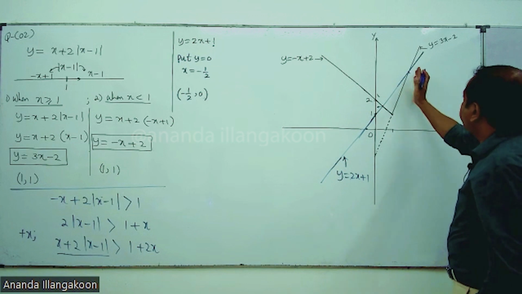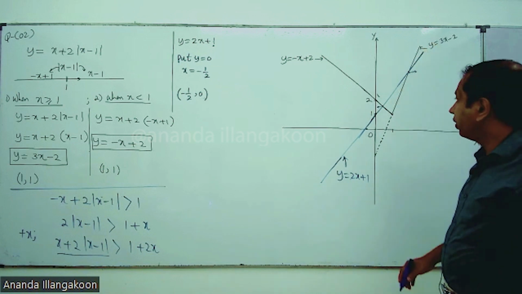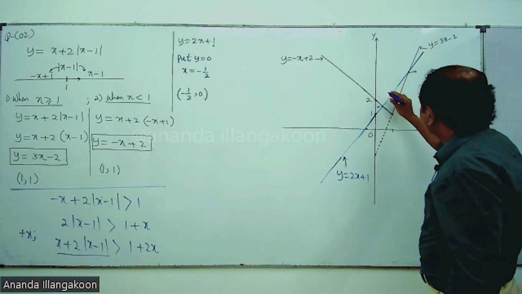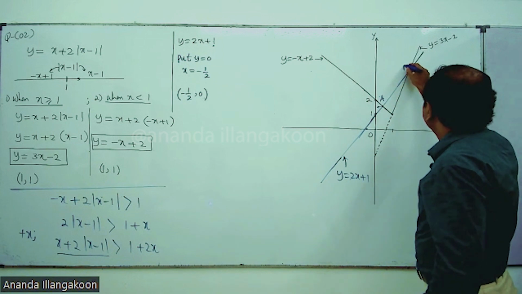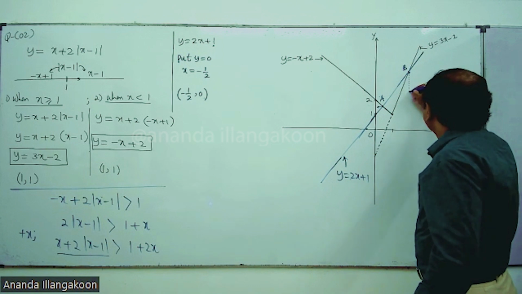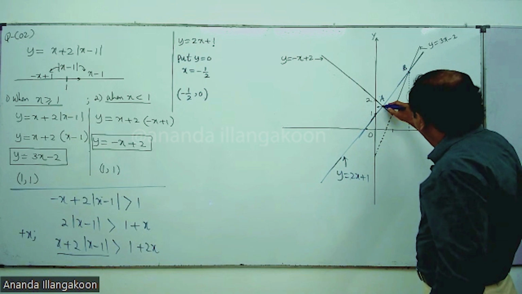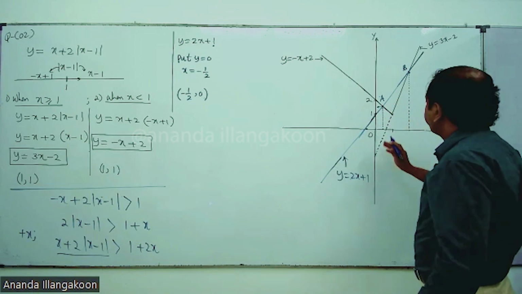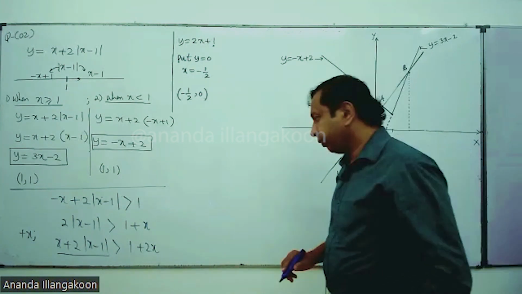On the right of this point, again the black graph is above the blue. Then we have to find, here A, suppose here B. At A and B, the x coordinates we have to find. Then the answer comes on the left of A and right of B. Right? Okay.